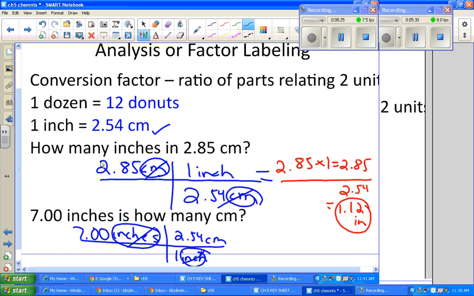Where am I getting this 2.54 from? It's up here. And now here, you multiply the top and get your answer. And in this case, you don't have to divide by the bottom because it is just 1, so you can eliminate that step. My calculator is reading 17.78, but you need to round that to correct significant figures. 17.8 centimeters. So this is called converting.